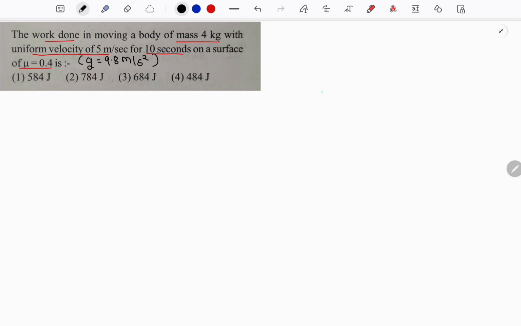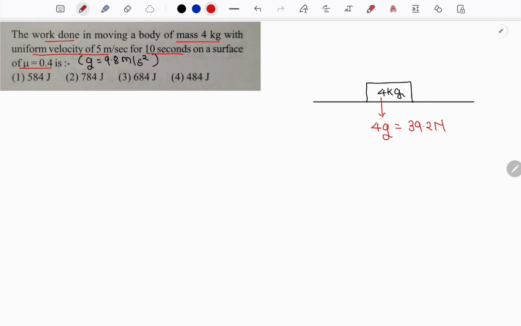First, let's draw the diagram and let's deduce all the information that we can from the given diagram. So this mass is of 4 kg. Therefore, there will be a downward force of 4g and g is 9.8. So 4g will give us 39.2 Newton.